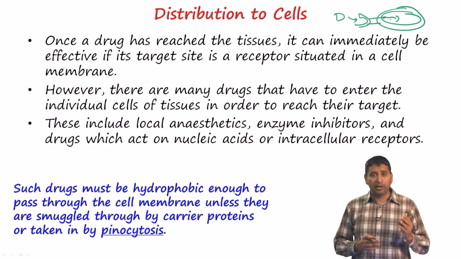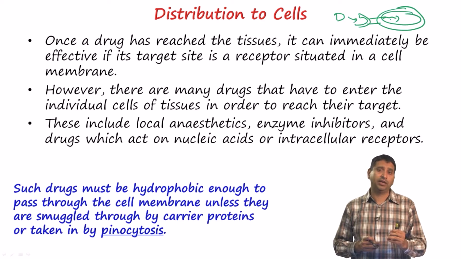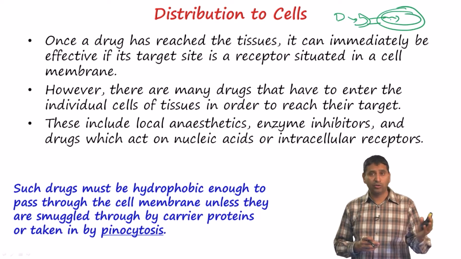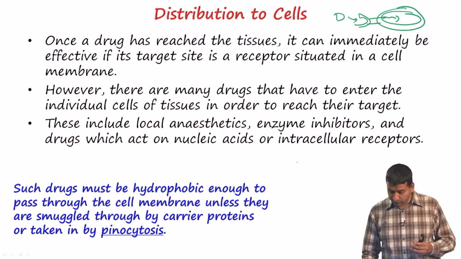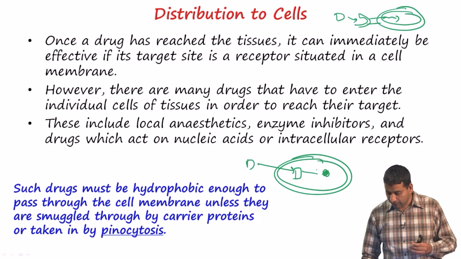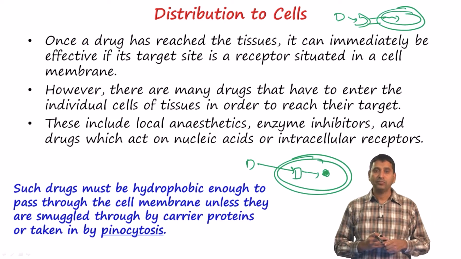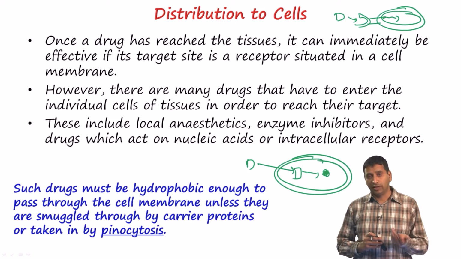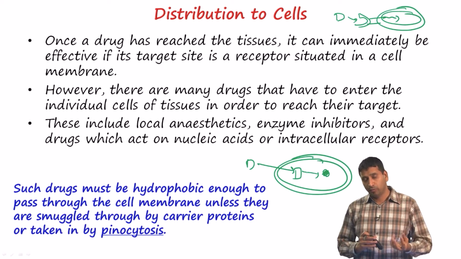But there are many drugs that have to enter the individual cells of these tissues in order to reach their targets. The drug has to get across the membrane and then act on its target. Some of these include local anesthetics and enzyme inhibitors, because enzymes are present within the cell.